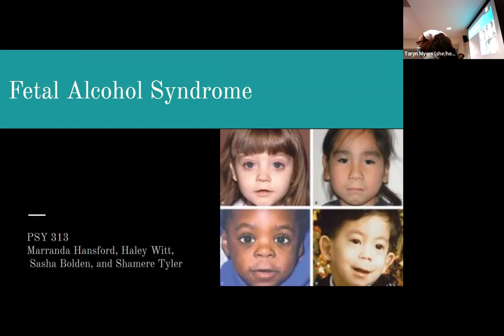All right. So who wants to give their definition of fetal alcohol syndrome? Yeah, go ahead. It's a disorder caused by consumption of alcohol during pregnancy that can result in physical and psychological distress of the child. Okay, and then what?